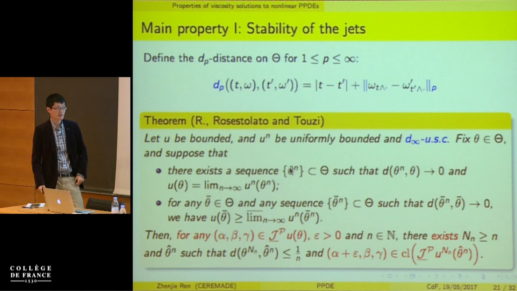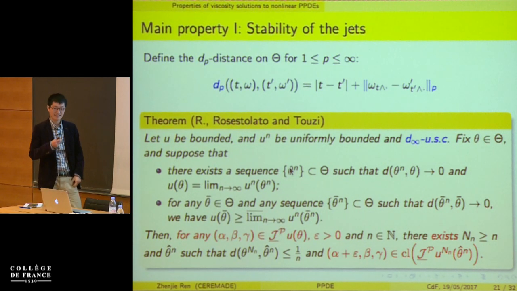So this is stability of the jet. It's exactly the same sense as in the classical literature for the viscosity solution of PDE in finite dimension.